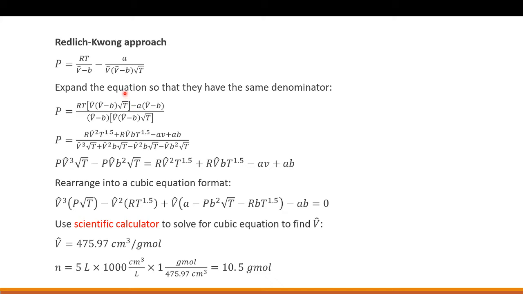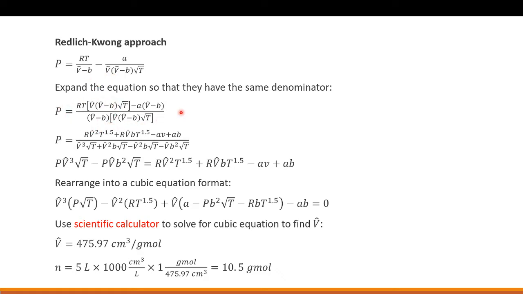Next, we use the Redlich-Kwong approach. Similarly, we expand the equation first. We always expand the equation first. So this side here, we multiply with this side, and this side here, we multiply with a. So we get this. And then the bottom, we multiply both the denominators together.